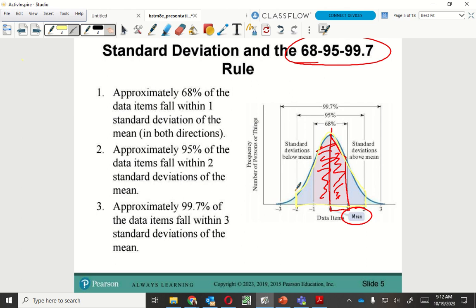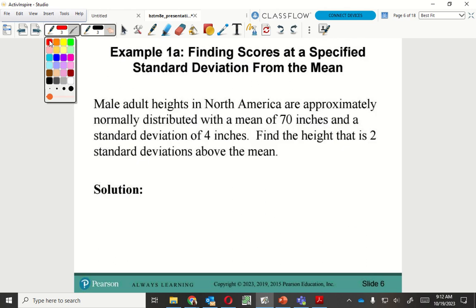Okay. So approximately 99.7% of all the data items fall within 3 standard deviations. Male adult heights in North America are approximately normally distributed. Whenever we say normal distribution, what should you think of?